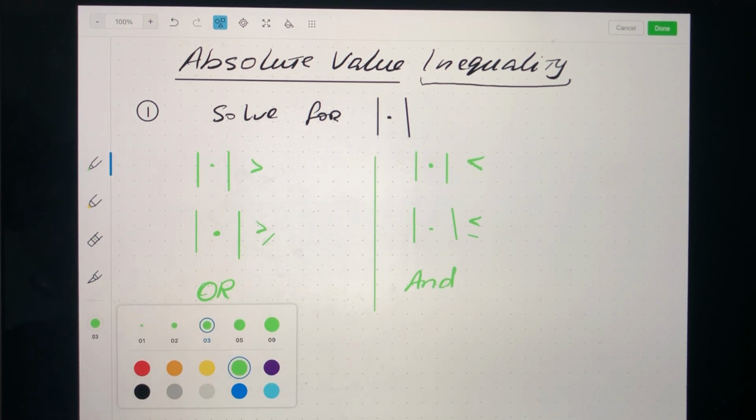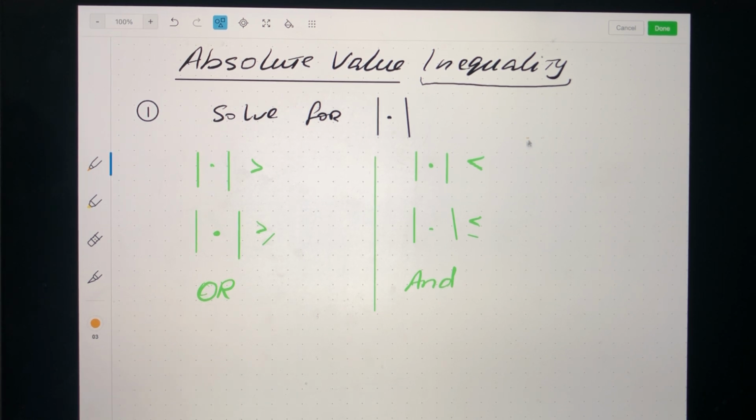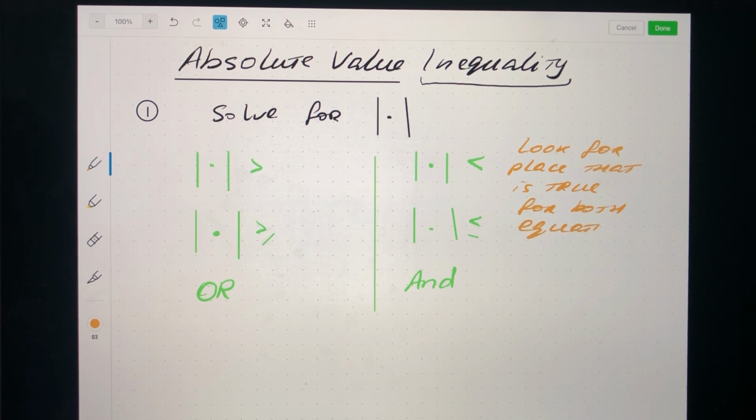Now the difference is, if we have the AND, that means we look for the place that is true for both inequalities.